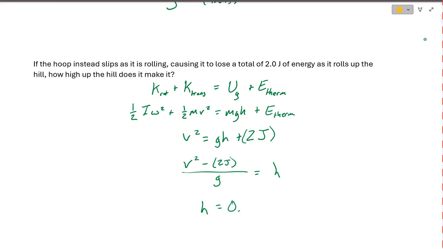Okay. Should be right around there. 0.2 meters, about half as much. Good. So that's the only way that AP would ever make you do this numerically, is they'd have to give you the amount of energy, since we don't have a way of calculating it. It's a little different than our friction times normal force when it comes to stuff that's rolling.